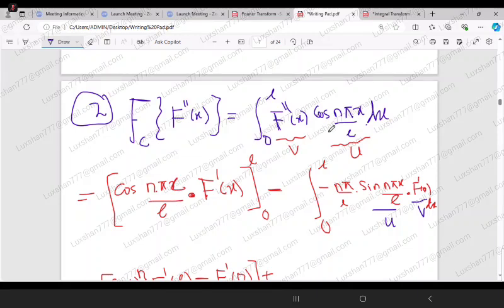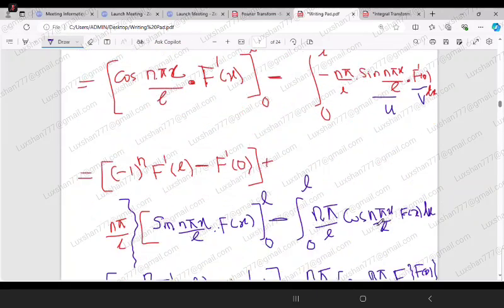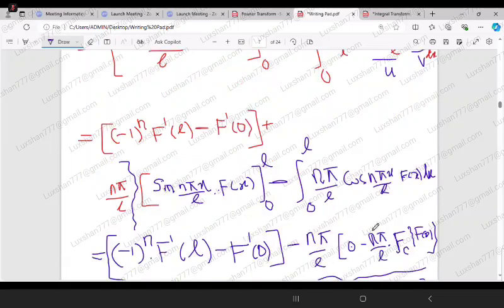And integration of this one, integration of cos, differentiation of cos is, that is fine, minus, and then here it is okay, and here it is sine n pi x into integration of this function. So not the differentiation of sine. No, differentiation of sine is actually cos, no problem with that.